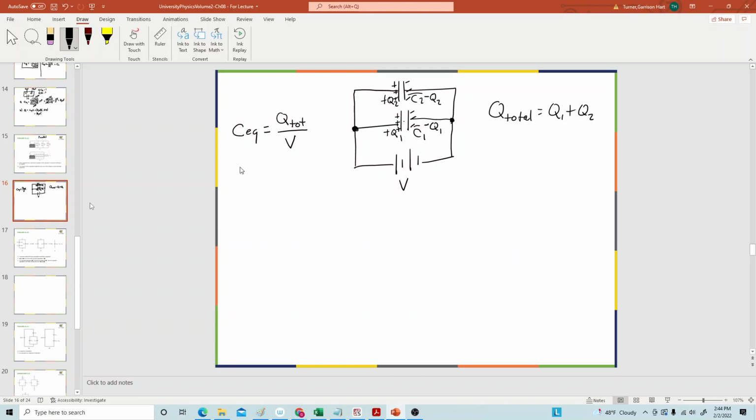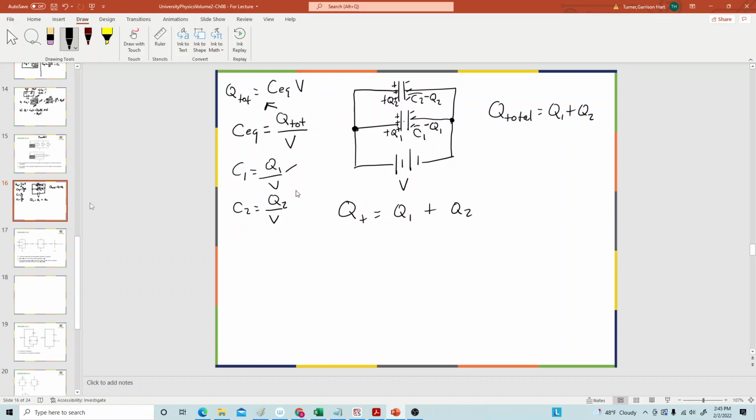And again, the individual rules for capacitors apply to each individual one. And so, what I do is I solve both systems for the total charge, because I know that Q total must equal Q1 plus Q2. But Q total is equal to the equivalent capacitance times the voltage.